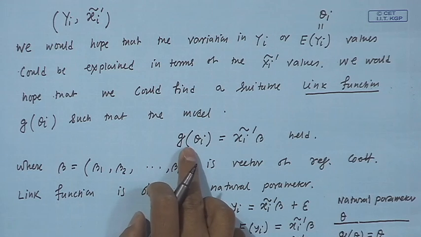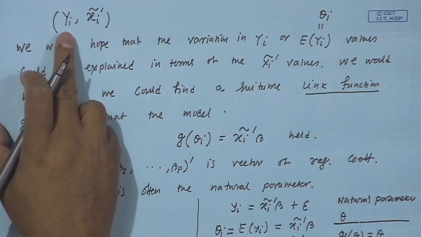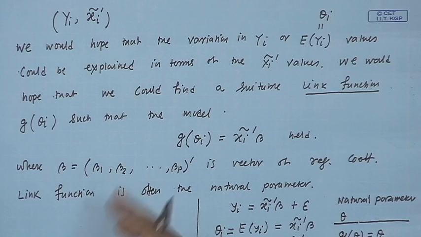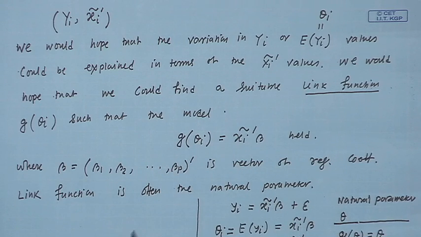Now, in the other case, suppose y does not follow a normal distribution, it follows some other distribution from the exponential family, say binomial. Then my natural parameter for binomial, with parameters n and theta_i, is ln(theta_i / (1 - theta_i)). So, this theta is the probability of success in the ith trial.